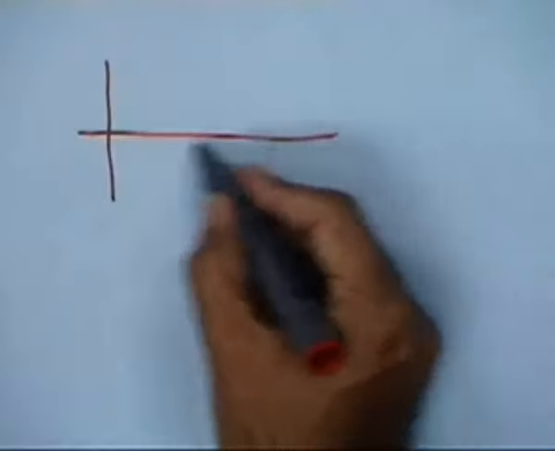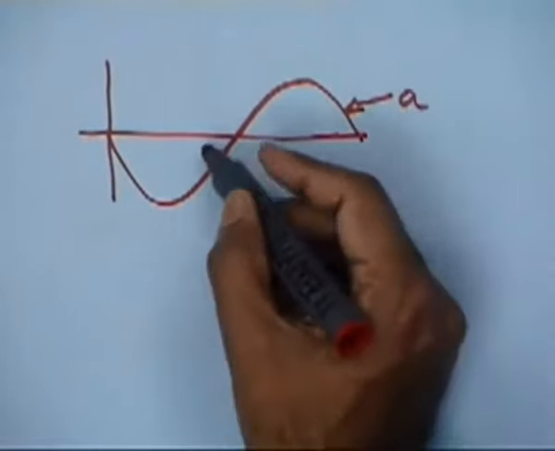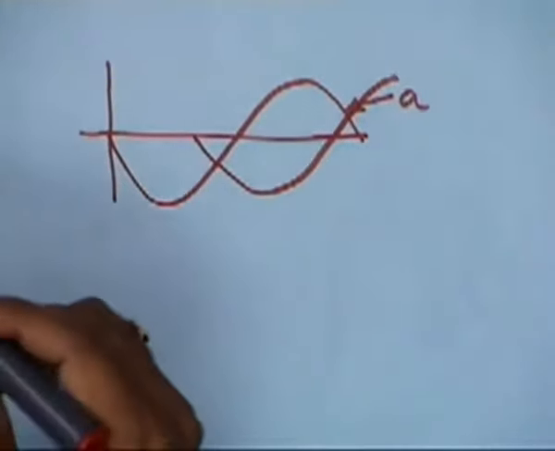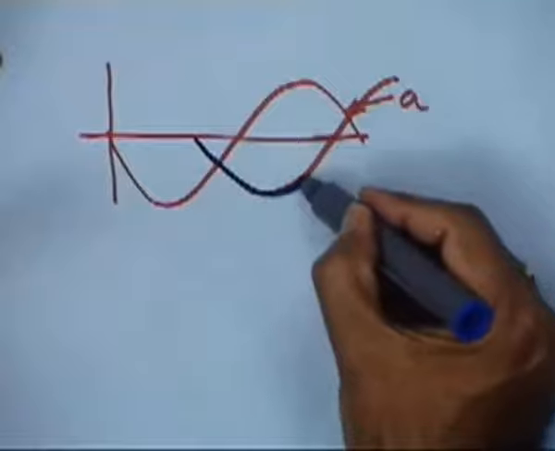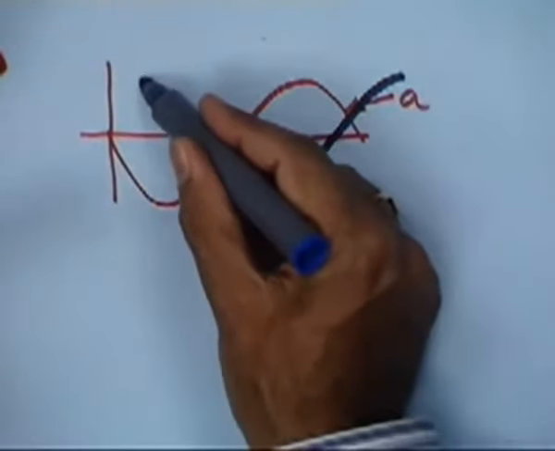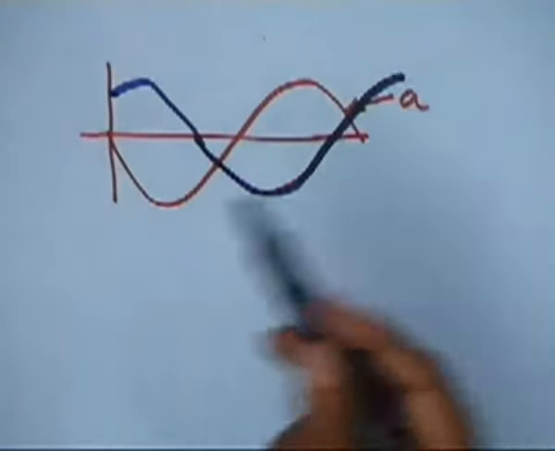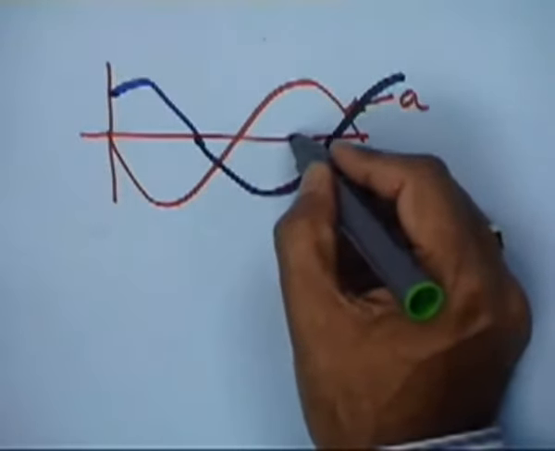We can show that if this is the A phase voltage, then the B phase voltage will further be like this, and there will further be a C phase voltage which will be lagging like this.